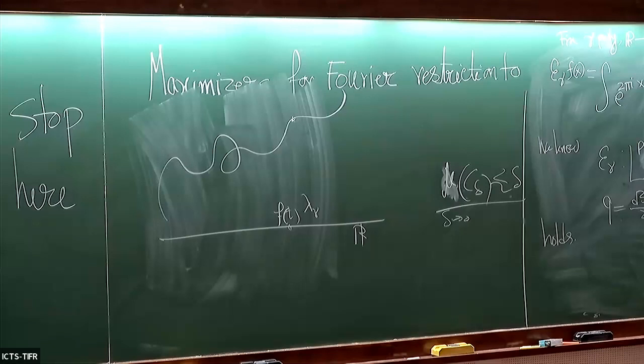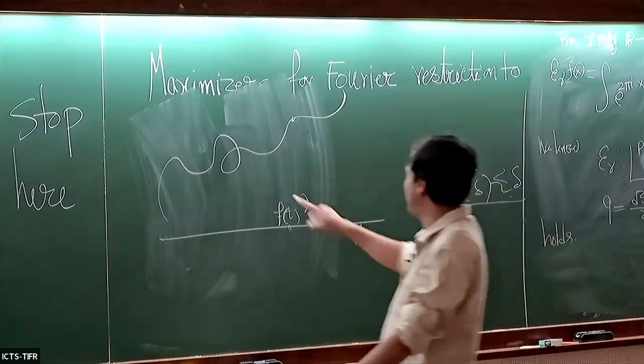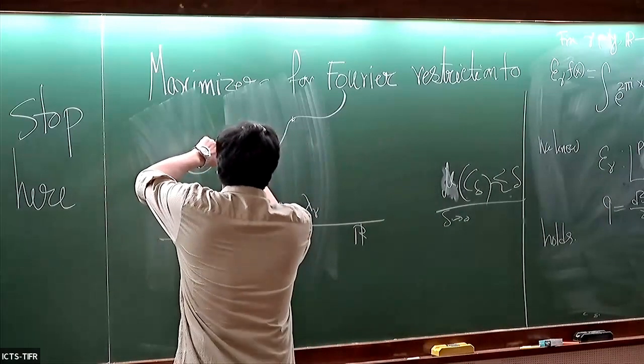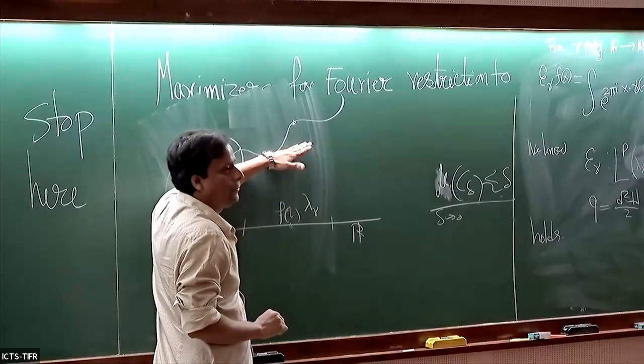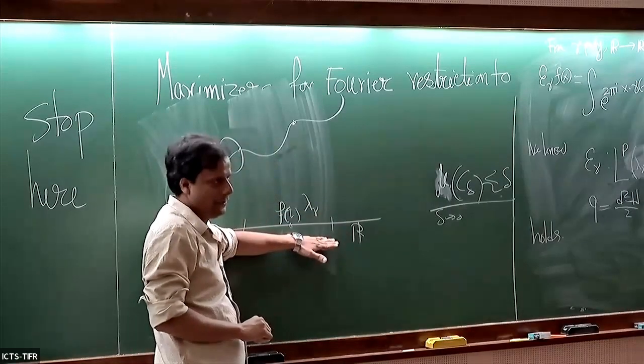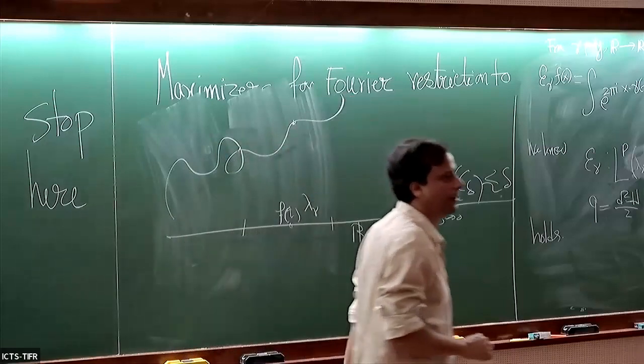It might happen, so we're going to identify this point as this and this point as this. We're not looking at functions on the curve, we're looking at functions on the line. That's what I mean, the push forward measure.